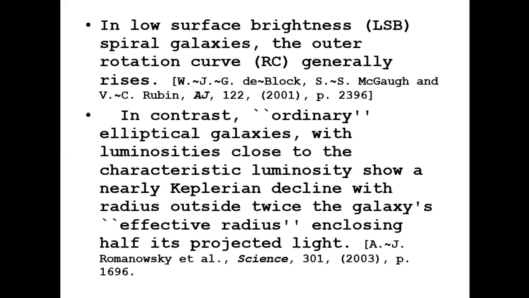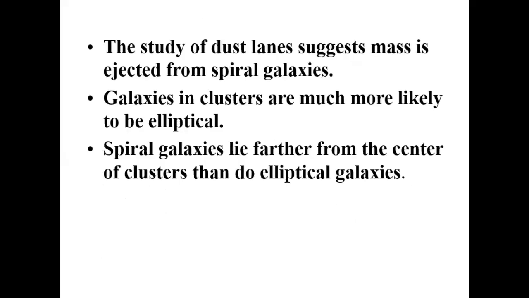In contrast, ordinary elliptical galaxies with luminosities close to the characteristic luminosity, and this is an experimentalist number, show a nearly Keplerian decline with radius outside twice the galaxy's effective radius, enclosing half its projected light.